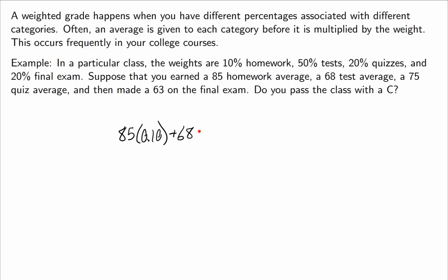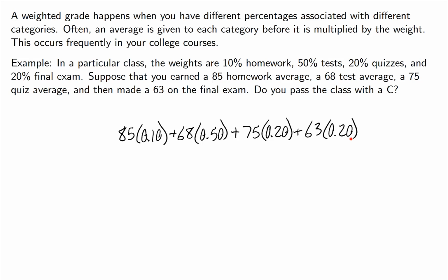Again, that's a test average for 50% of your grade. 75 is 20% of your grade. And then 63 is worth 20% of your grade. So take each category grade times the associated weight, and we will add these together.